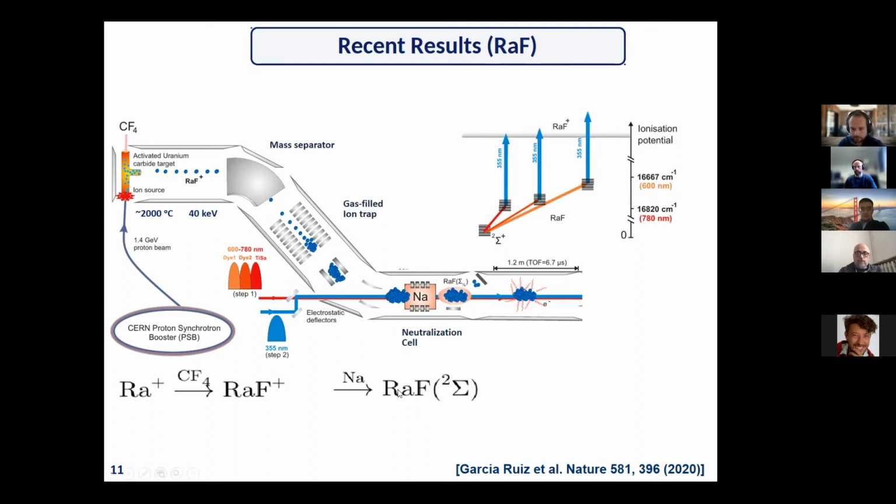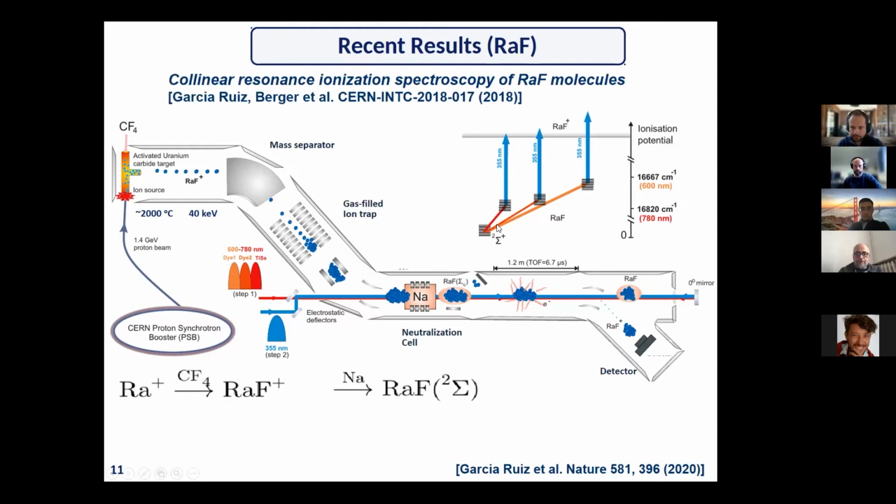Okay, one typical way to do that is to excite and see the fluorescence, but this is a very inefficient process. So what we do is resonant ionization, right? We have at least 2 lasers, and at the end we can separate neutral and ions. The idea is that we fix the second laser, right?